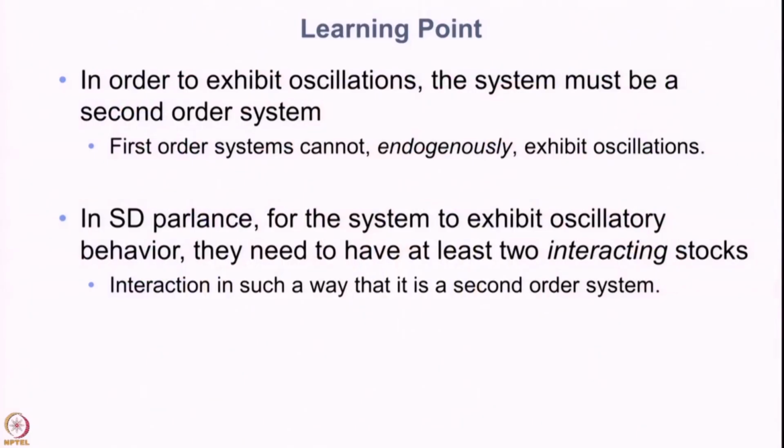So the learning point is, we have seen and understood oscillations using a simple mechanical system, and we modeled a simple pendulum using system dynamics. But to exhibit oscillation, a system must be a second order system. First order systems endogenously cannot exhibit oscillations, or in SD parlance, for a system to exhibit oscillatory behavior they need to have at least 2 interacting stocks, and this interaction is in such a way that it is a second order system.